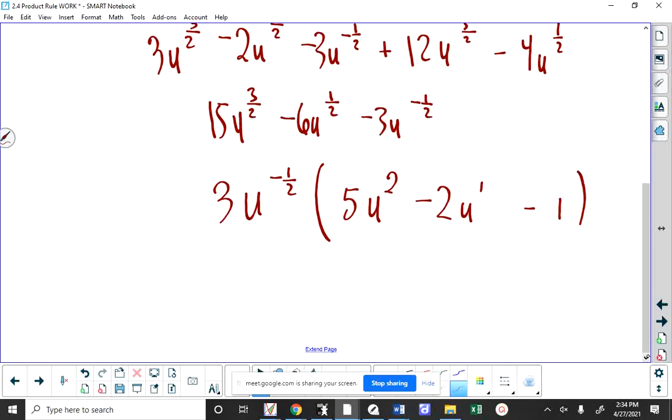And we're done. I don't know, is that quadratic even factorable? No, it's not. Questions with this example?